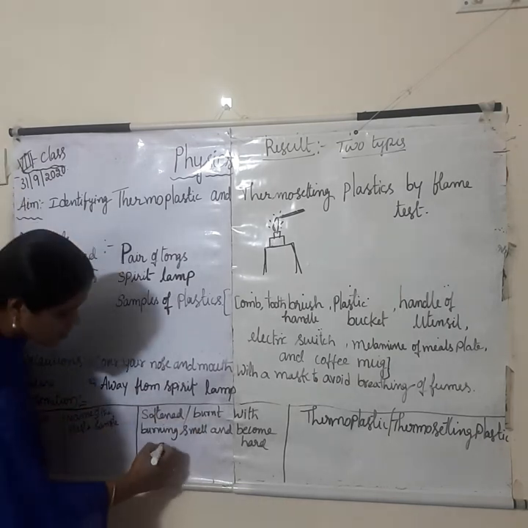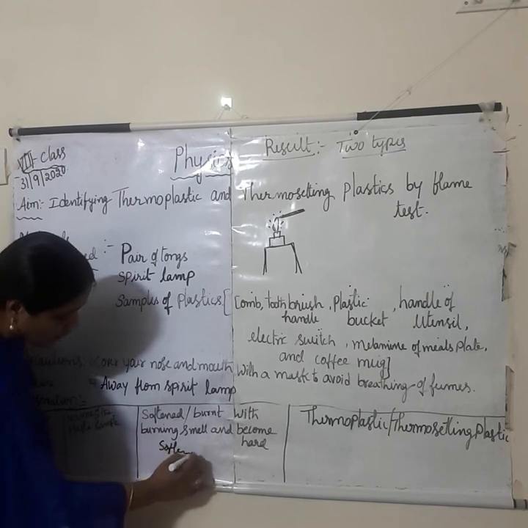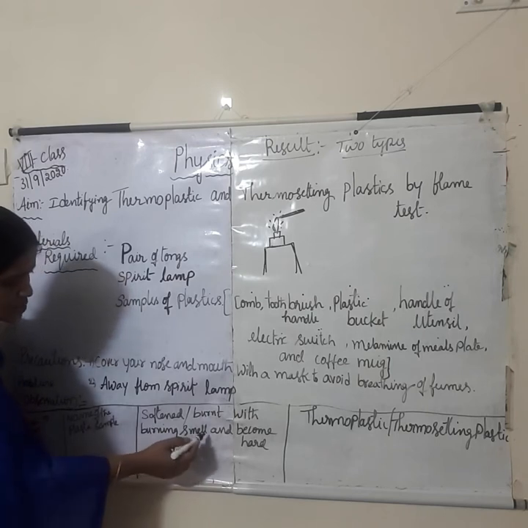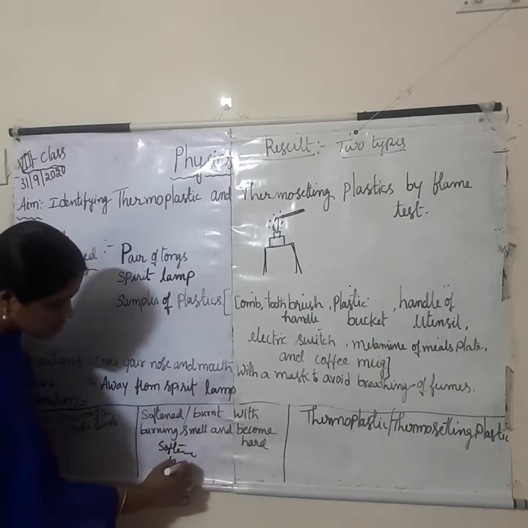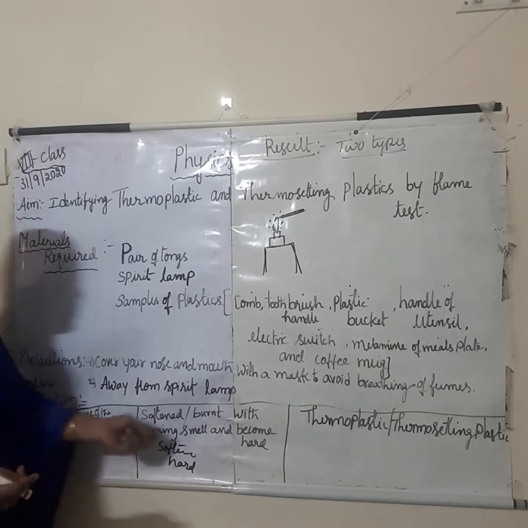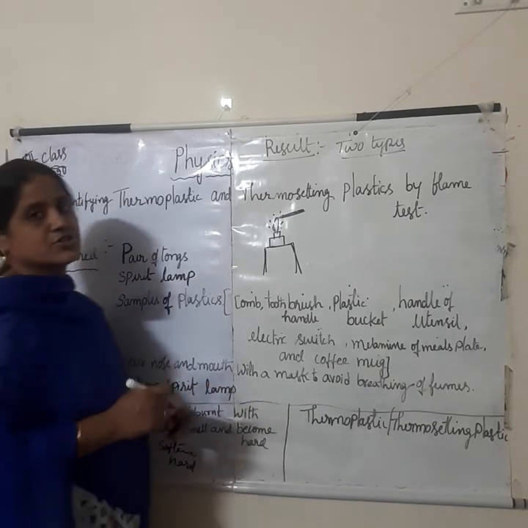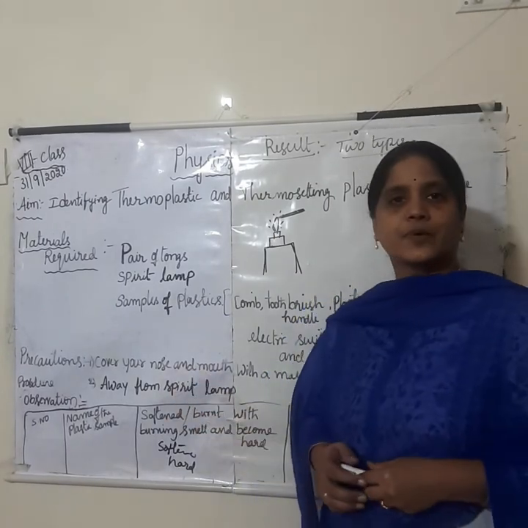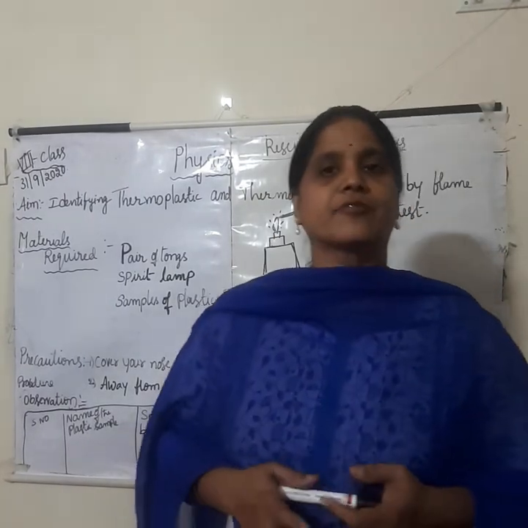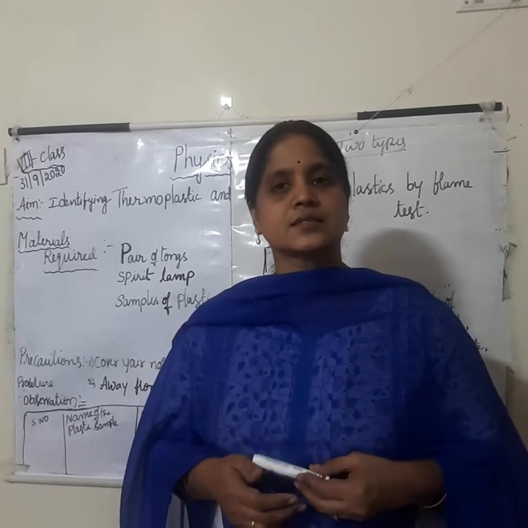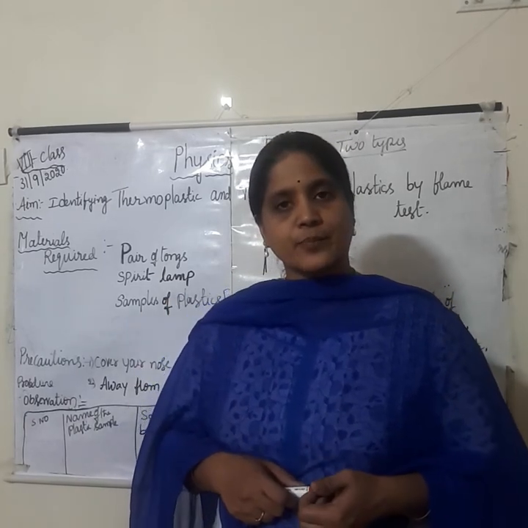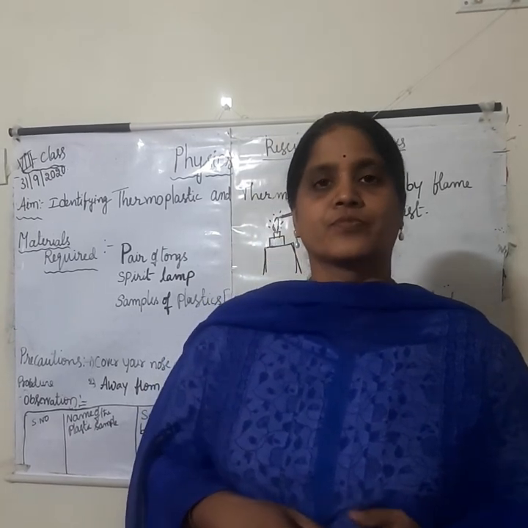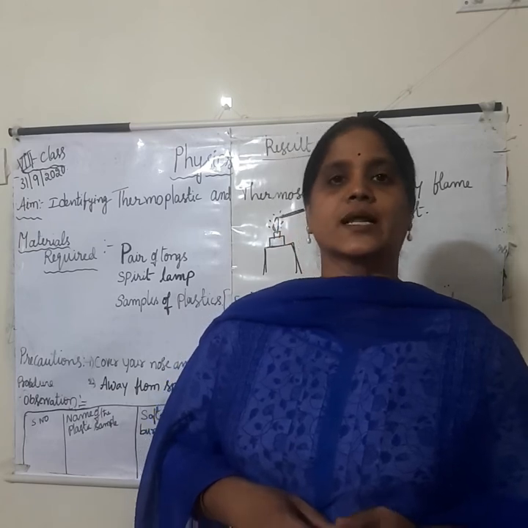If it is softened, you write softened, and if it burns with a burning smell and becomes hard, you write hard. If it is soft, it is a thermoplastic, and if it is hard, it is a thermosetting plastic. Complete this table. And from this lab activity, what result can you obtain? The plastics are of two types: thermoplastics and thermosetting plastics.